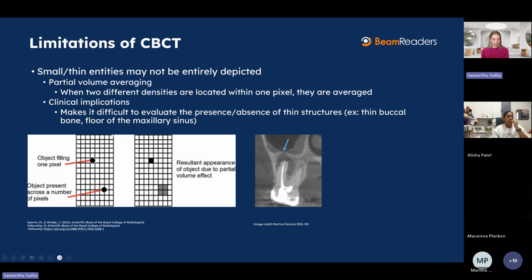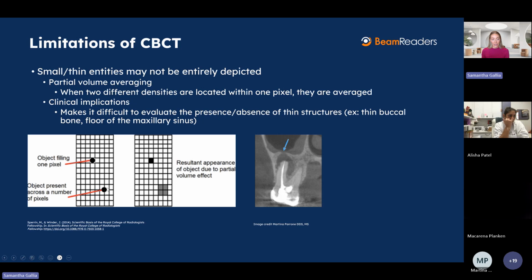In this diagram, every single one of these little squares in this grid is a pixel. And when there is an object fully taking up one pixel, let's say it's cortical bone, it shows up exactly like it is. So it shows up exactly like cortical bone.